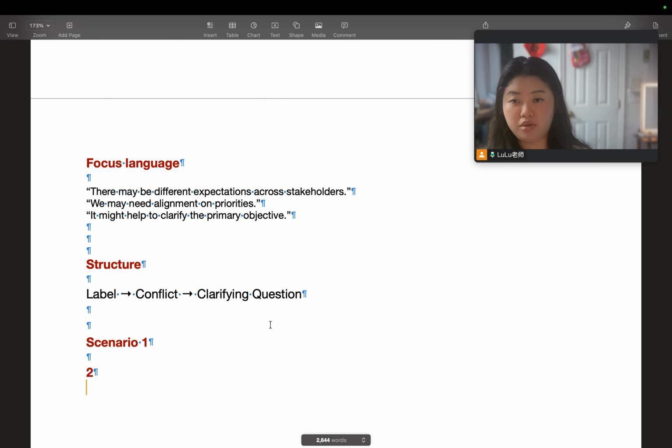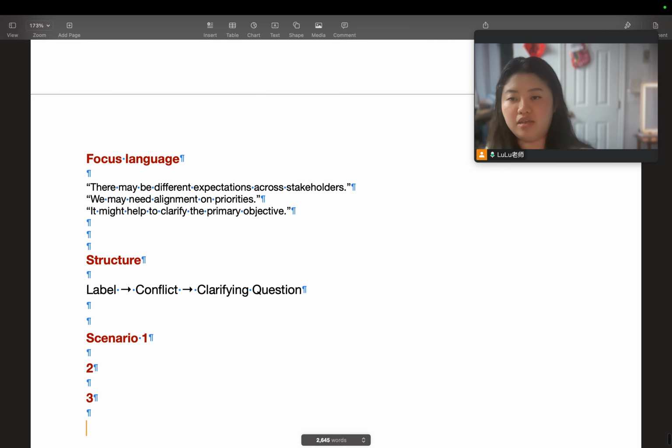Okay, let's do another scenario. Last scenario. This one's a little bit more challenging. Your manager wants speed. Another team wants detailed documentation. Handle this professionally. Remember, identify clearly the two sides. Yes, you want me to repeat? Sure. Your manager wants speed.